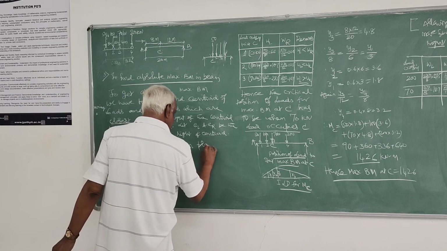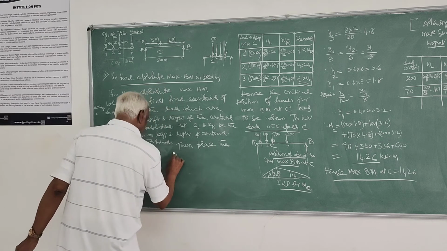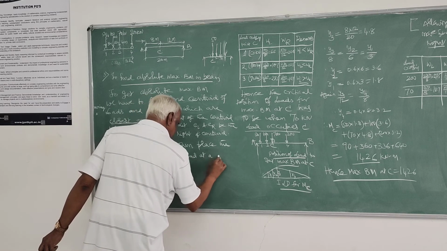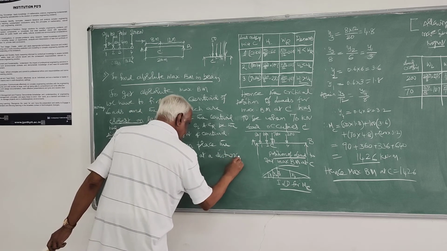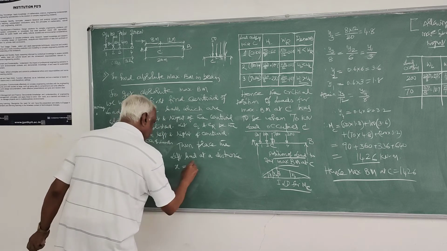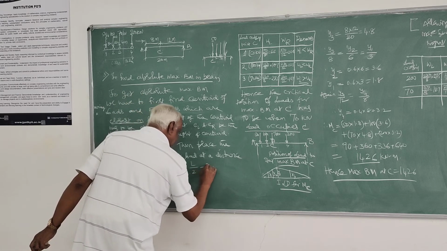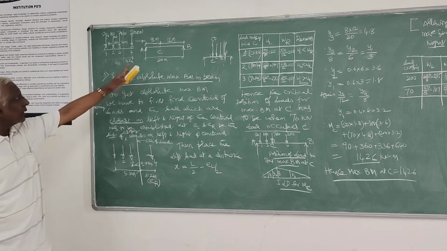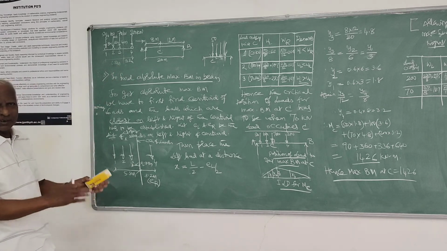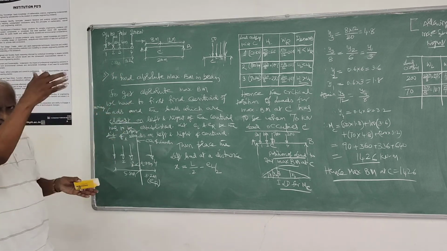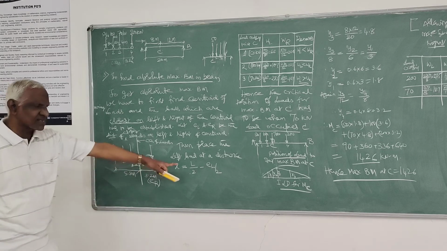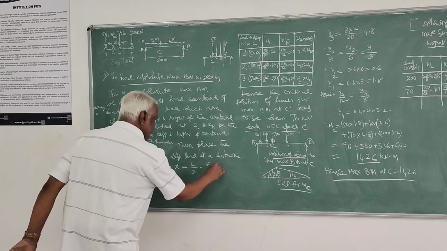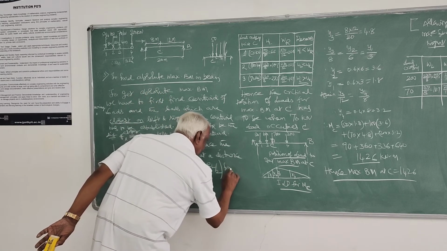Then place the left load at a distance x equal to L by 2 minus EL by 2. That is, we are placing that load symmetrically about the center. The load and the centroid will be at equal distance, at distance x equals L by 2 minus EL by 2 from the left end.